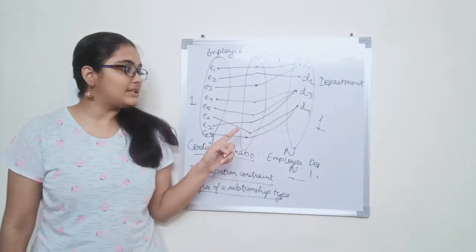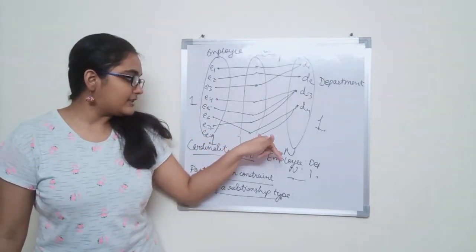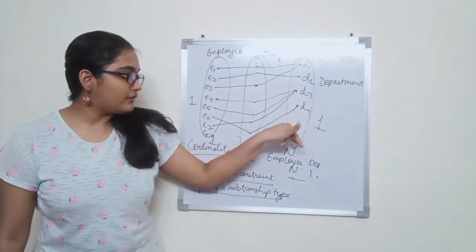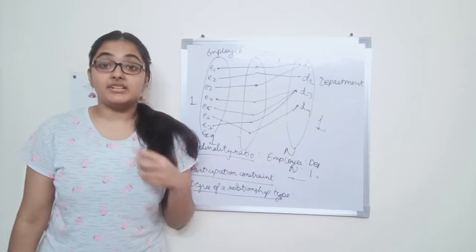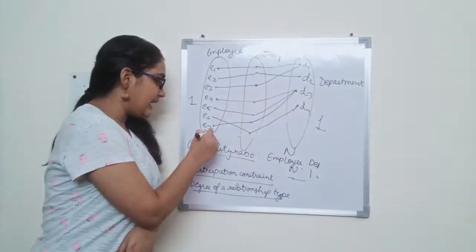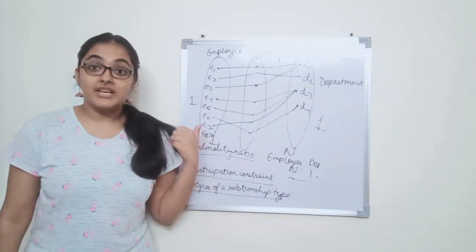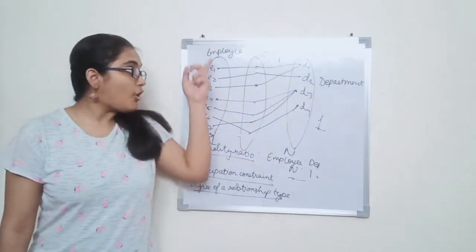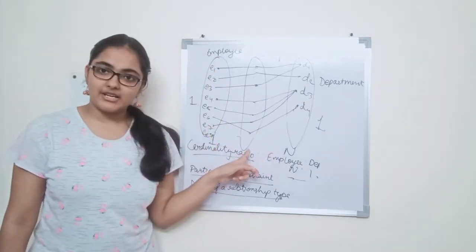Partial participation means, let us say the company policy says that it is not necessary for an employee to work for any department. That is, an employee can exist in the company without working for any department. In that case, an employee E8 can exist here who is not working for any department. So it is not necessary for all the entities of the employee entity type to participate in the works for relationship.